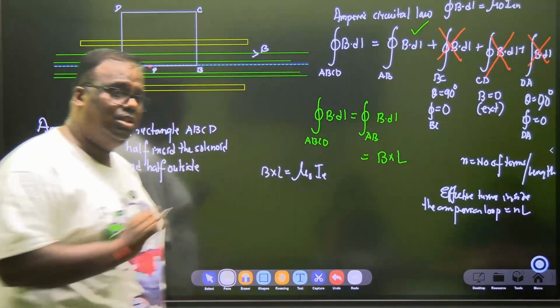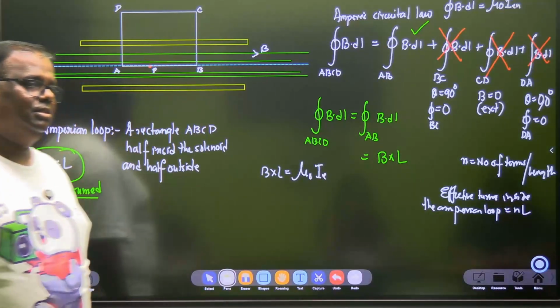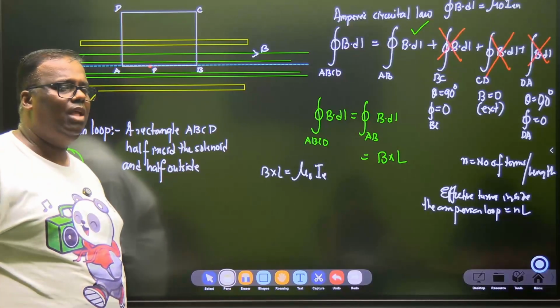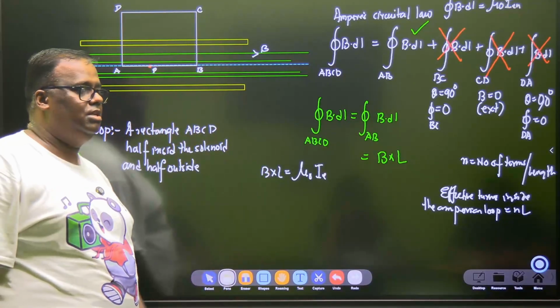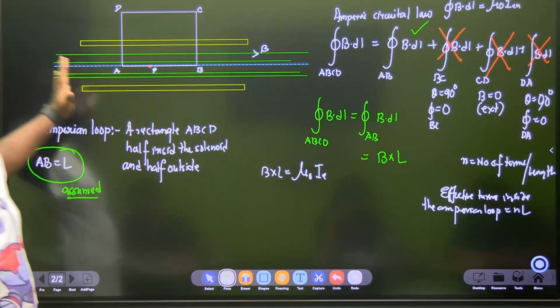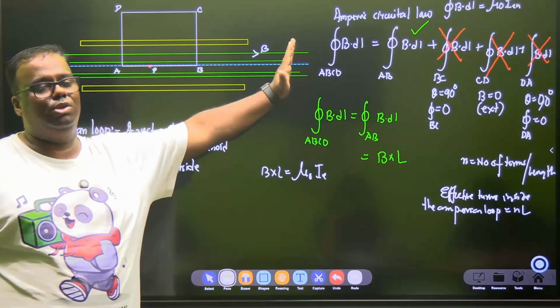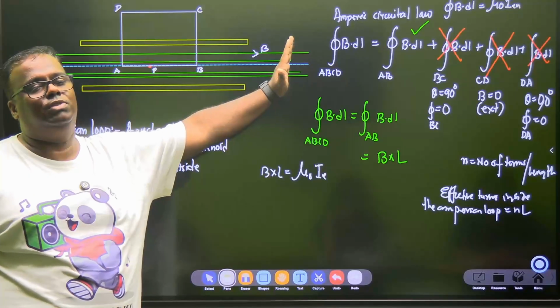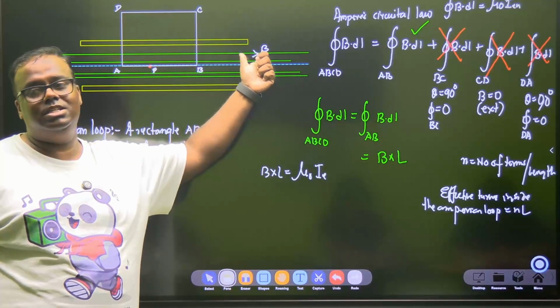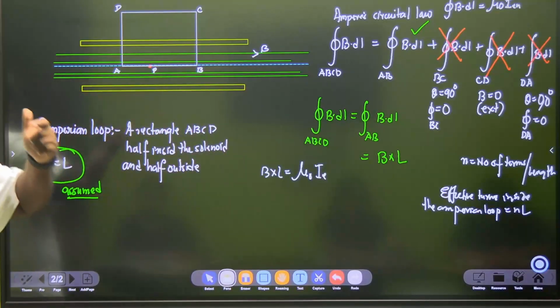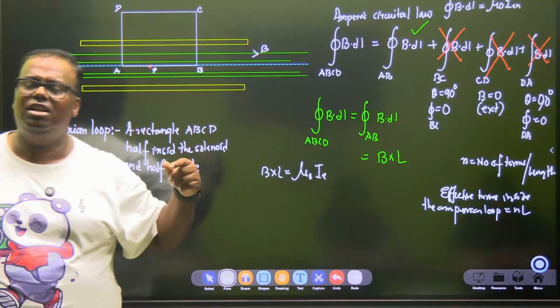Ajay, did you understand this logic or not? Sir, how many total turns does your solenoid have? I will say my solenoid is an infinitely long solenoid. I don't know how many total turns there are, but I know that this solenoid's turn density is small n, meaning per unit length the number of turns is small n.